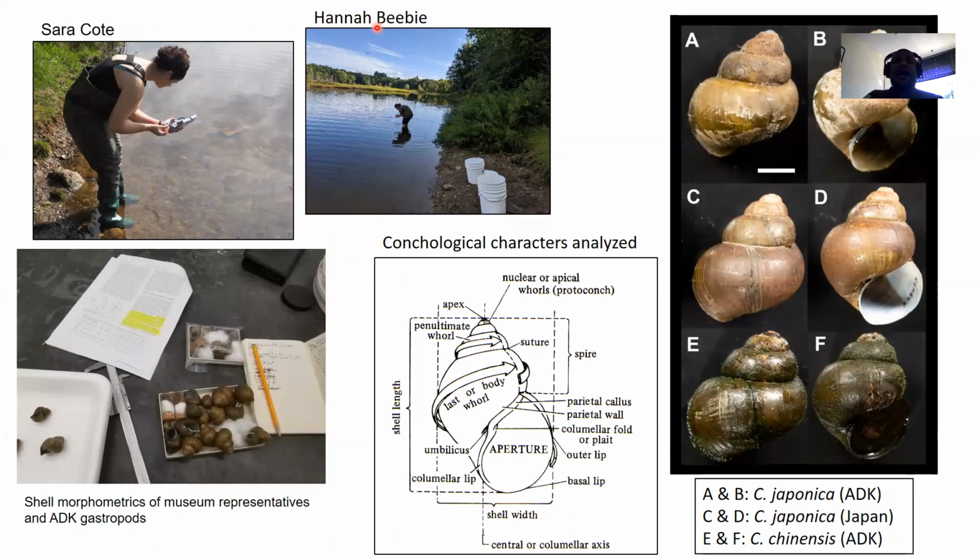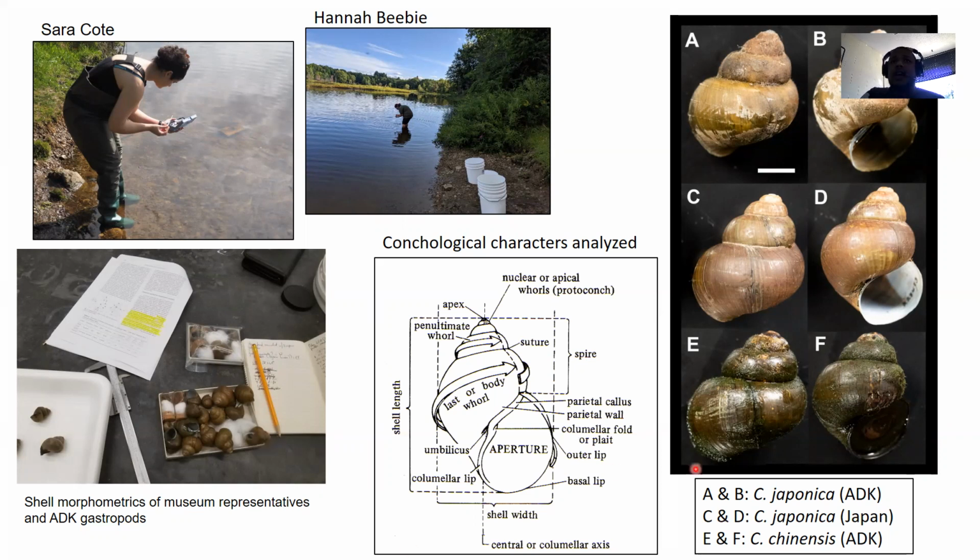We would bring the snails back into the lab and take a lot of different conchological characters. We would borrow specimens from the New York State Museum, which has a lot because of Dr. Jokinen's work, and the Smithsonian, and we would try to key out these mollusks. One of the things we noticed was that there's quite a lot of polymorphism within all of these invasive mollusks that we were able to collect.